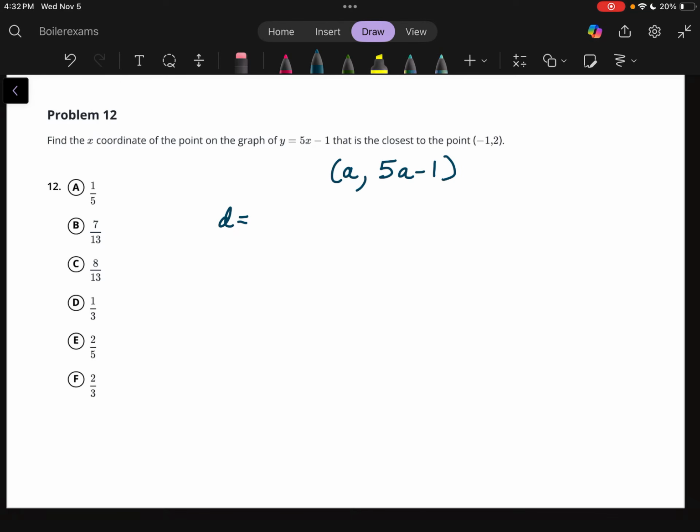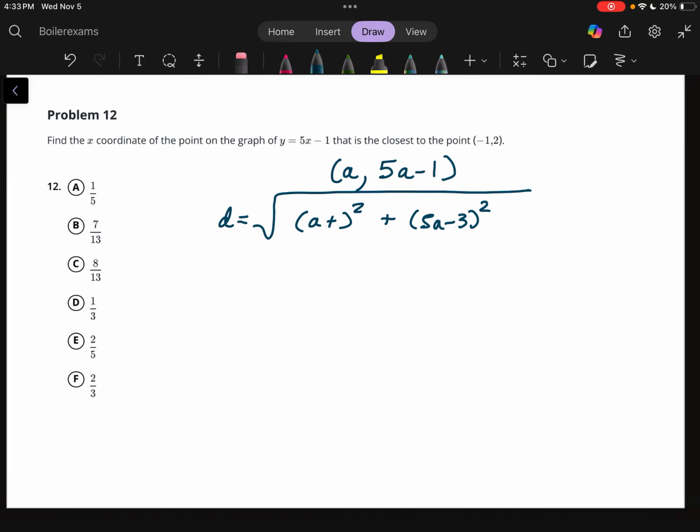So what we can do is rewrite distance as a function of a. And we can do this using the formula for distance. Basically all we do is subtract one x-coordinate from another and square it, and then add the difference of the y-coordinates and square that too.